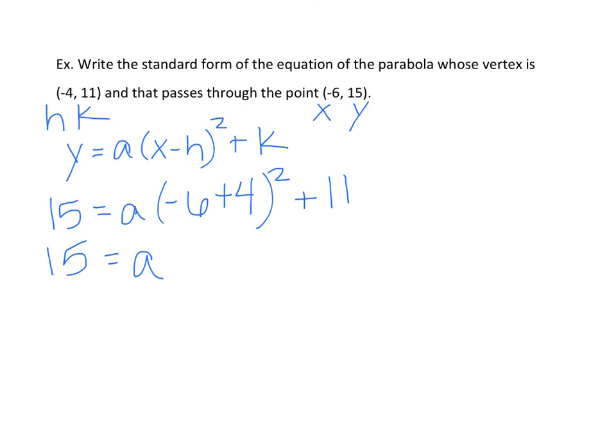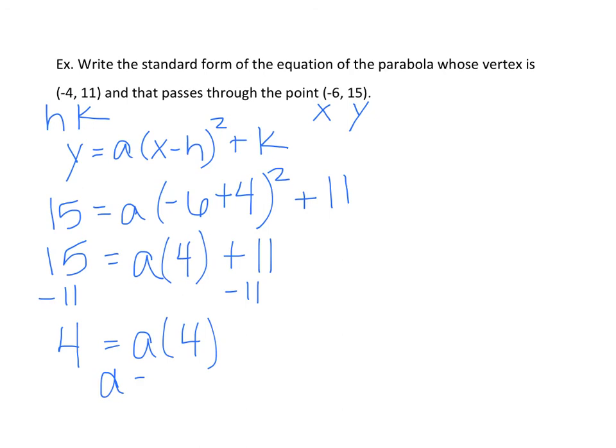Negative 2 squared is 4, plus 11. Subtract my 11 over. 4 equals a times 4, so a must equal 1. So that means standard form, y equals a, it's an understood 1, x minus h plus k. So that should be it.